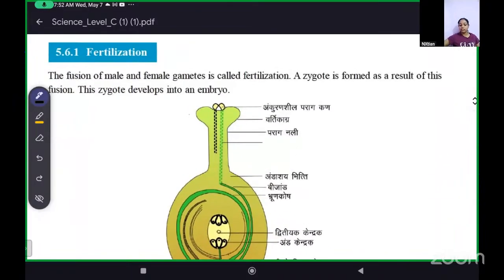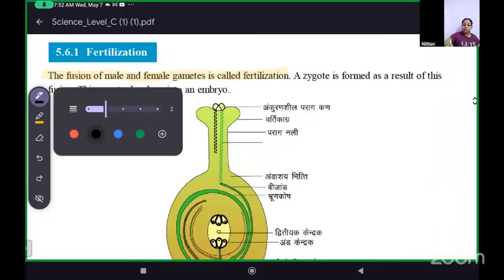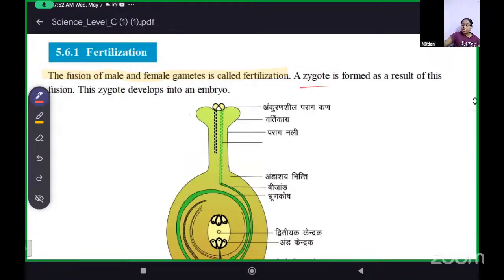So we know that the fusion of male and female gametes is called fertilization. A zygote is formed as a result of this fusion. In plants also, the zygote is formed when the fusion takes place. In plants, what are the male and female gametes? The male gametes are known as pollen grains, and the female gametes in plants are known as ovules.